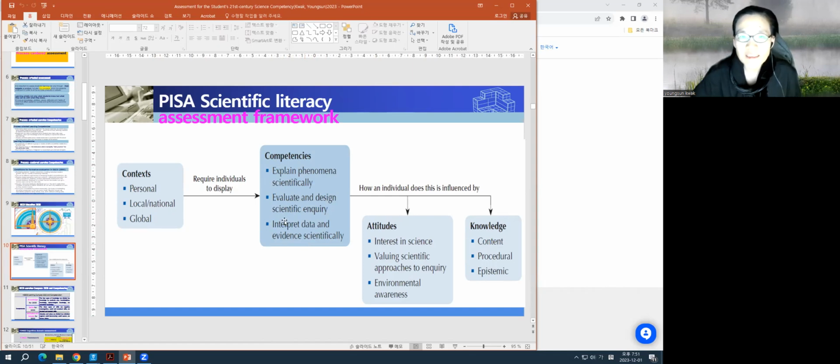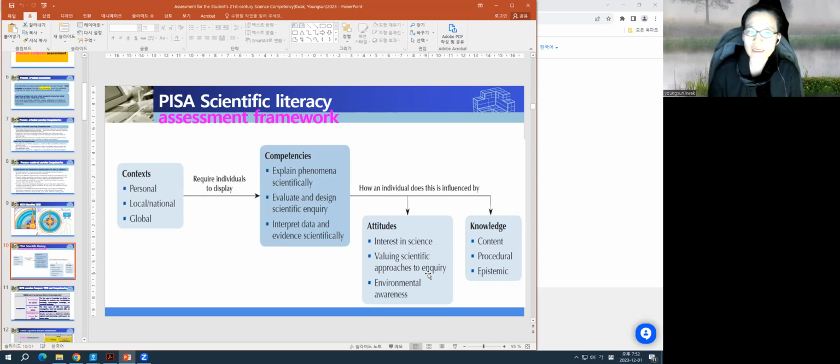Since this is a PISA science competency assessment framework, they also assess students' science attitude, such as interest in science and valuing scientific approaches to inquiry. In science education, we are asking students to explain something based on evidence.